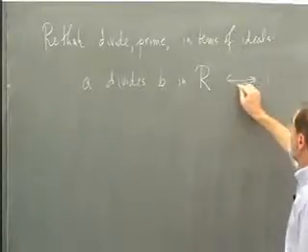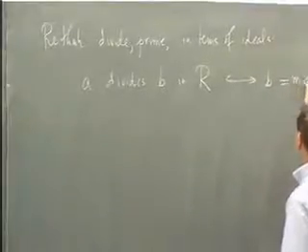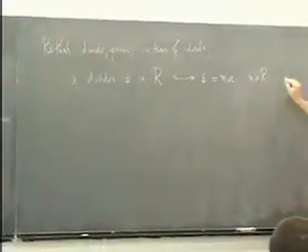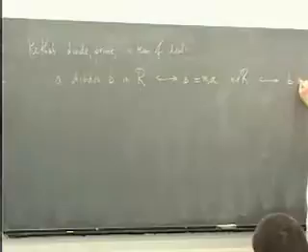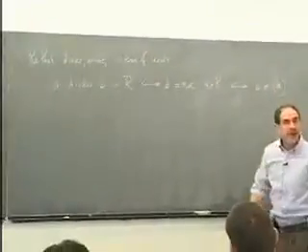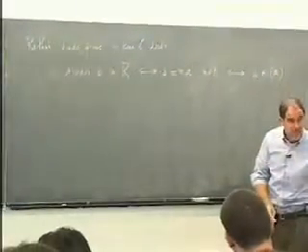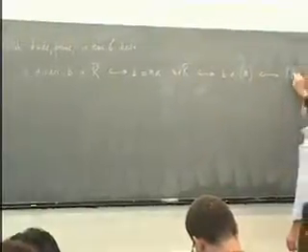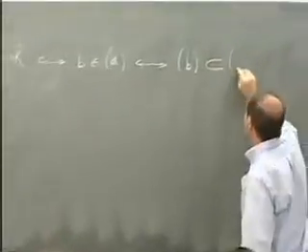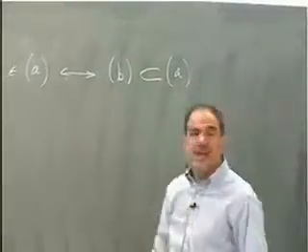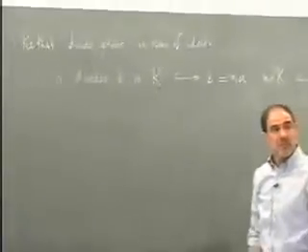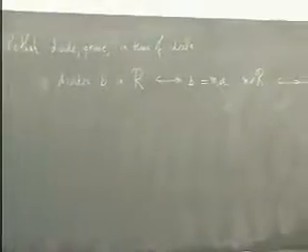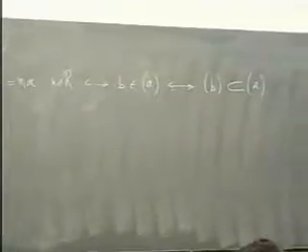Well, that's if and only if B is some multiple of A, by M in R, which is the same thing as saying that B is in the principal ideal generated by A. Okay? Which is the same thing as saying that the principal ideal generated by B is contained in the principal ideal generated by A. So divides we can express in terms of containing of principal ideals.